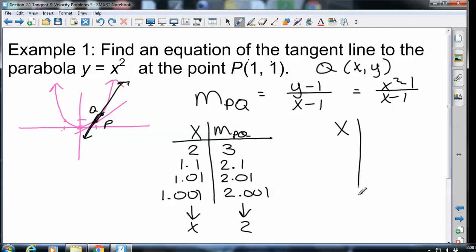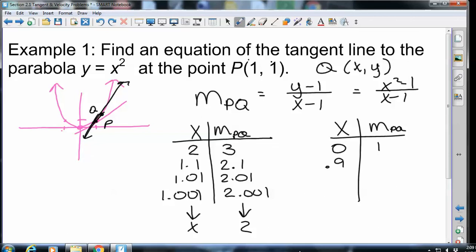Okay, let's try it from the other direction. I did all this with x values that were bigger than 1. But I could also come the other way. I could go things smaller than 1. Like I could maybe start at 0. If you put in a 0 there, what do you get? 1. Okay, but if I want to get closer to 1, maybe I went 0.9.